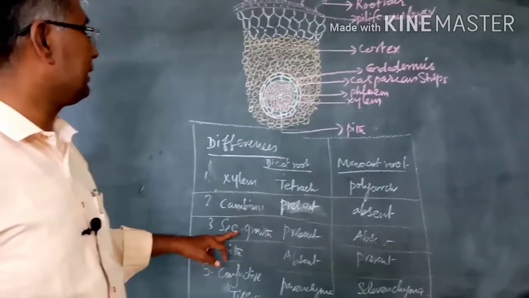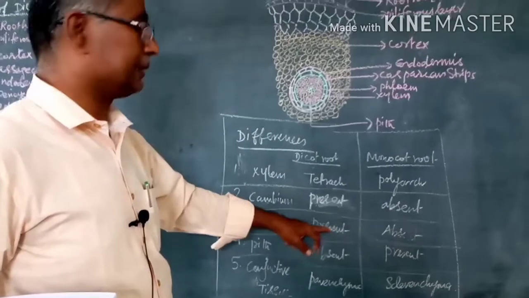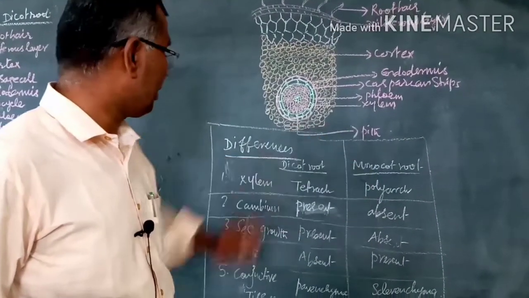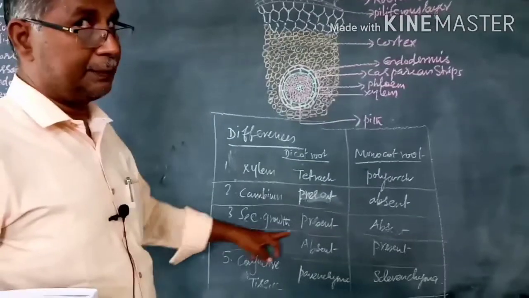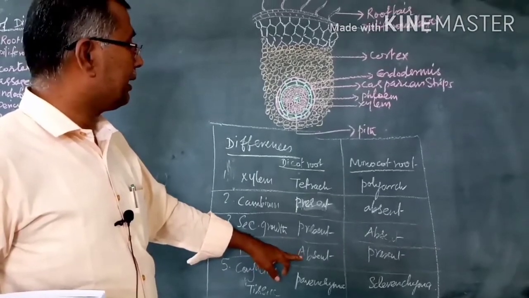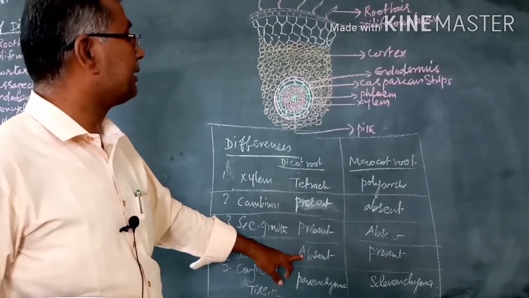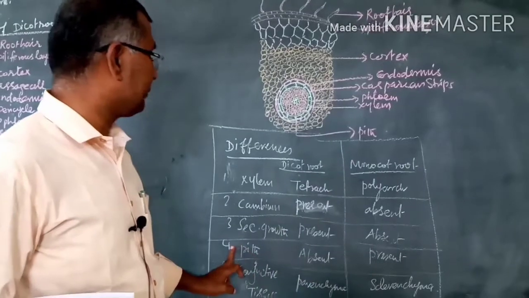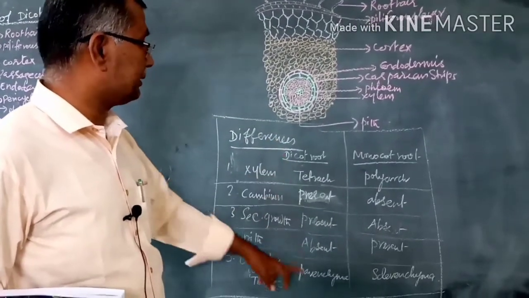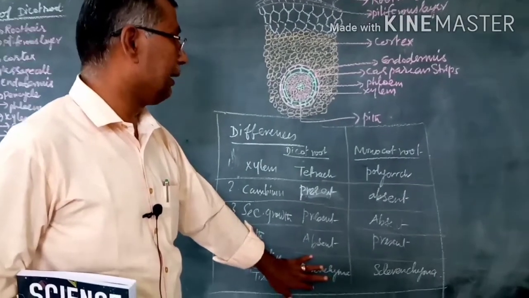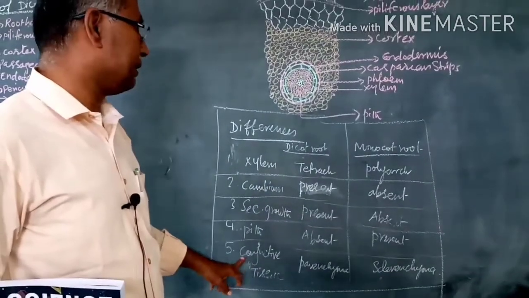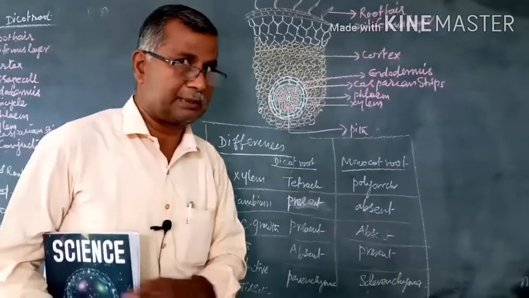Secondary growth or secondary thickening is present in dicot root, absent in monocot root. Pith is present only in younger roots of dicot, mostly absent in older roots, but in monocot root the pith is present. Conjunctive tissue: in dicot root it is parenchymatous, but in monocot the sclerenchyma functions as the conjunctive tissue. Okay students, thank you.